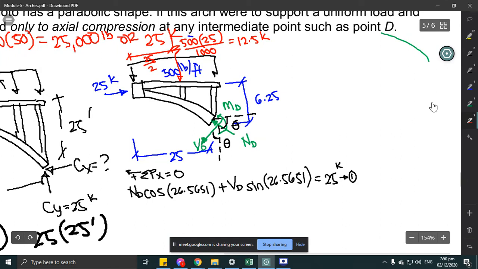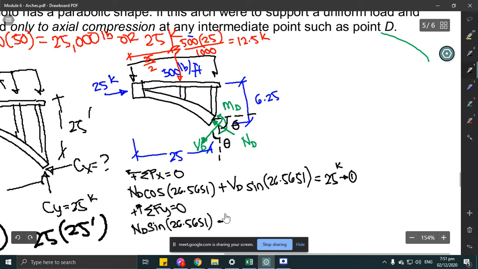Anyway, so balik tayo dito. So the next equation will be coming from summation of forces Y. So just take summation of forces Y, assuming that upward forces as positive equals to 0. So let's start first with the ND. So ang ND mo, so ND multiply by sine of 26.5651. And then itong shear D, so ang Y component niya is papunta sa baba.